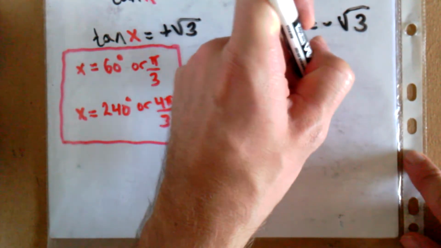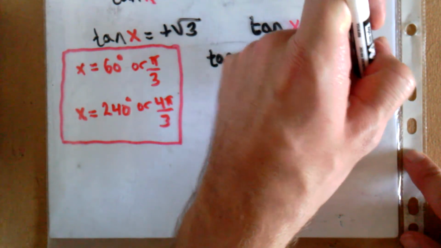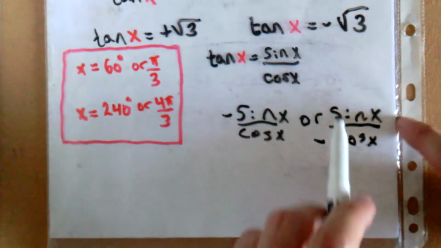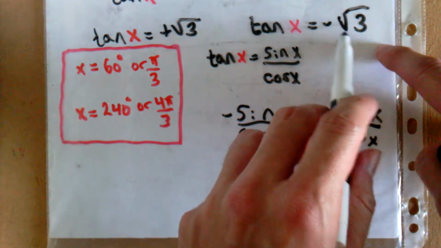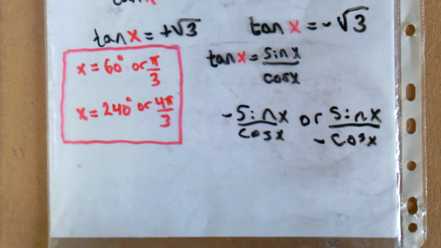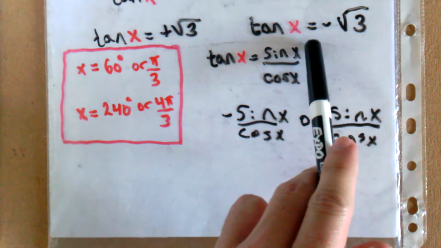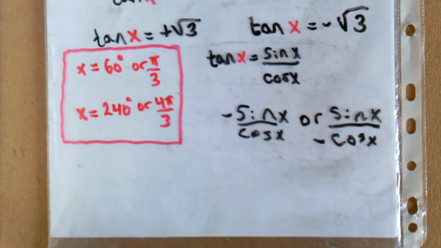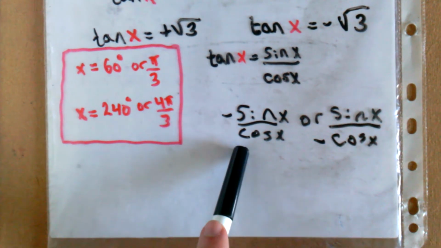Or if sine is positive and cosine is negative, because a positive divided by a negative gives us a negative number. And we want to know where tangent will equal negative square root of 3 this time. So let's look at case 1 first.